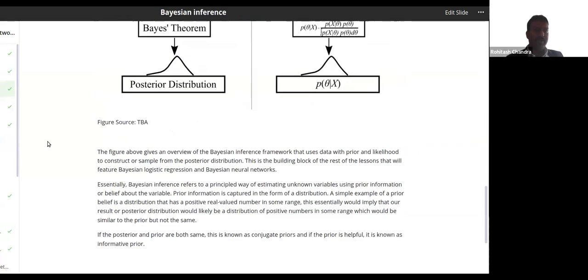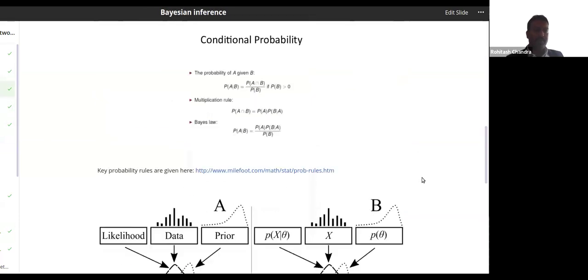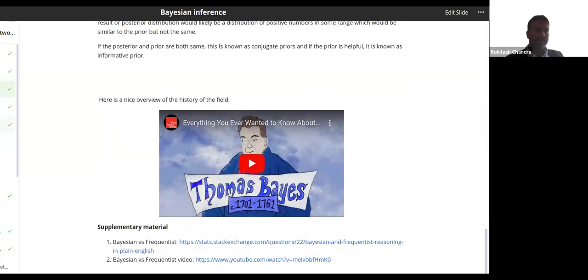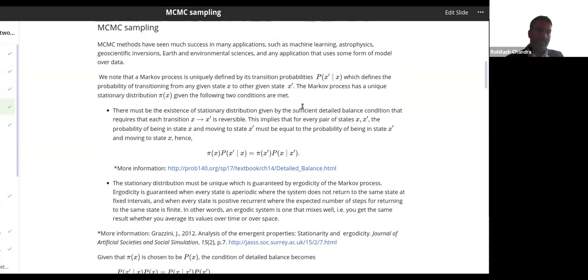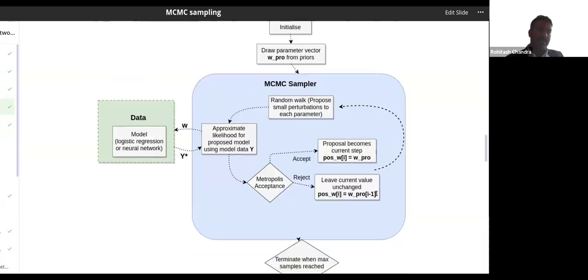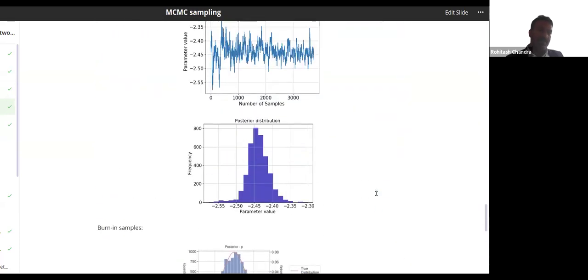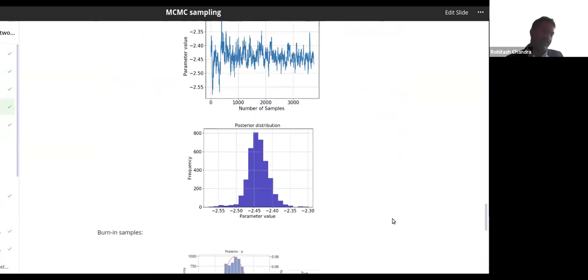So I'll just go back. Remember that we talked about the detailed balance condition, and in here, right? And so we effectively sample from the posterior distribution. What does effectively sampling from the posterior distribution mean? It means that if this is your posterior distribution, you should not just sample around here.